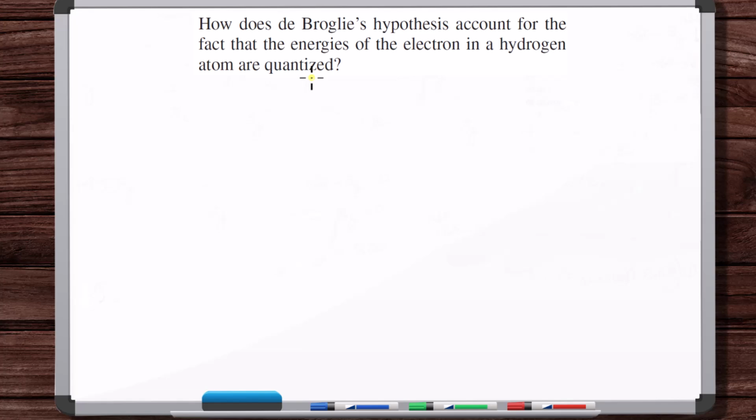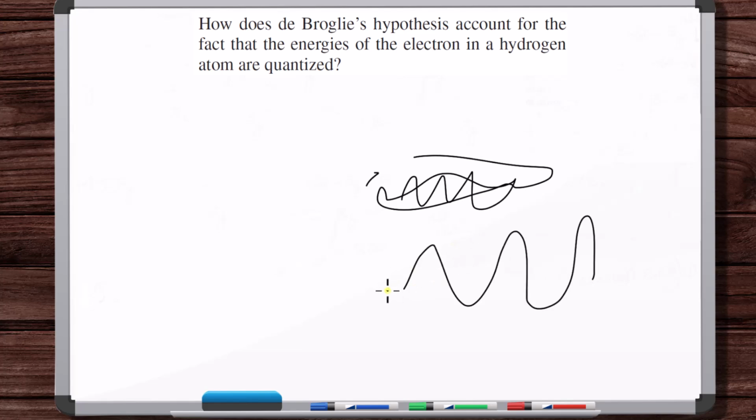And so what de Broglie did was he looked at the dual nature of electrons in the hydrogen atom as sort of like standing waves. The formula for standing waves has these quantized integers in it, right? It's not even a standing wave until you get to a certain frequency of the wave, then it becomes that classic standing wave.